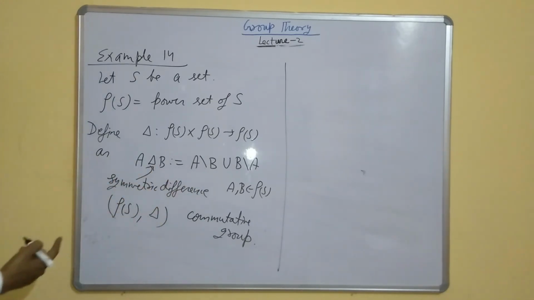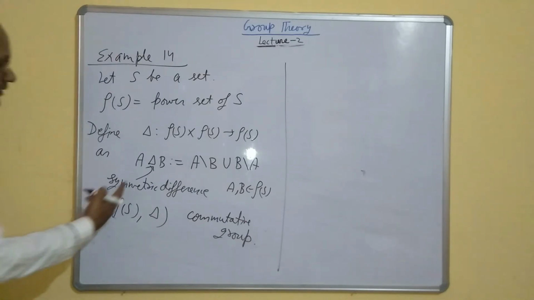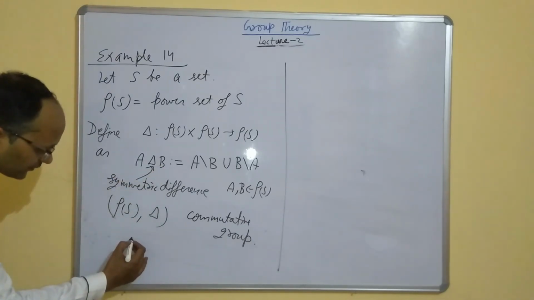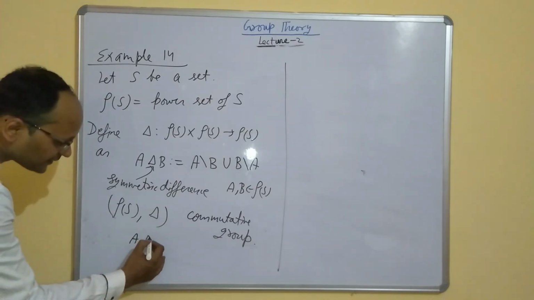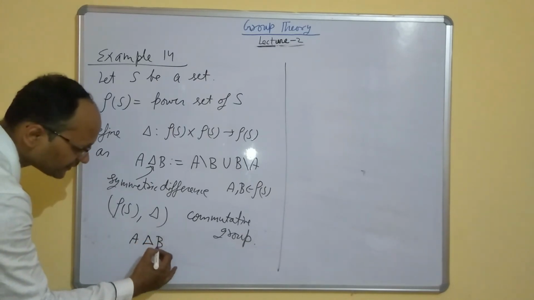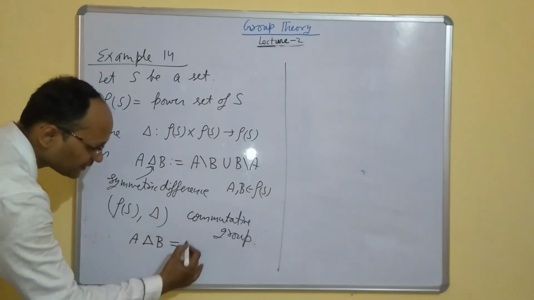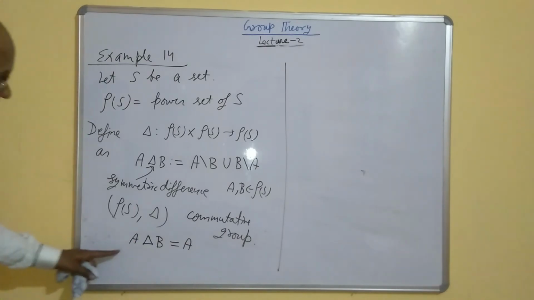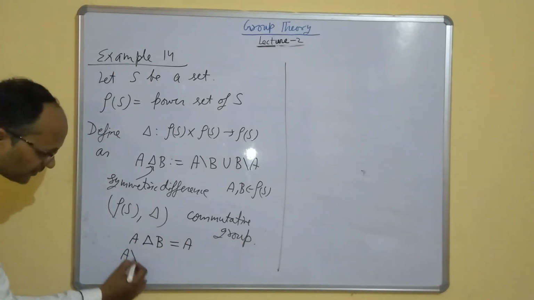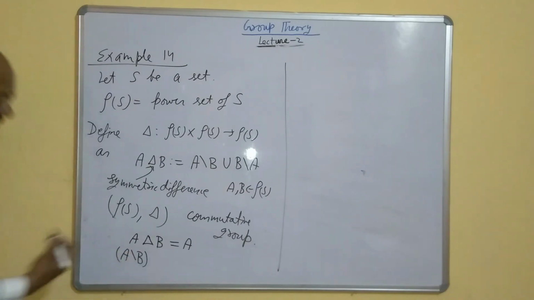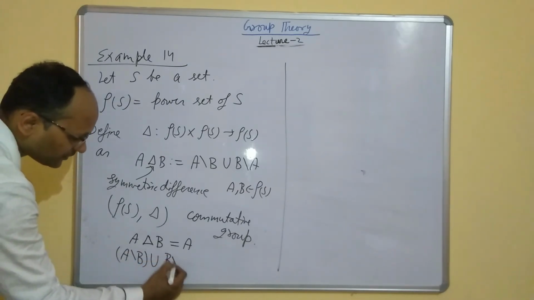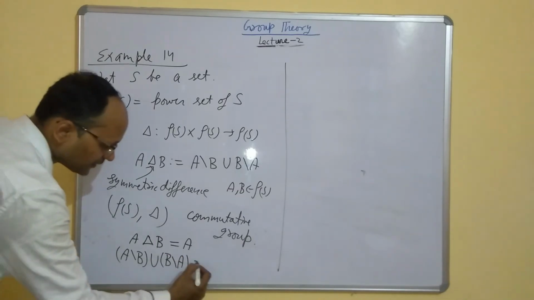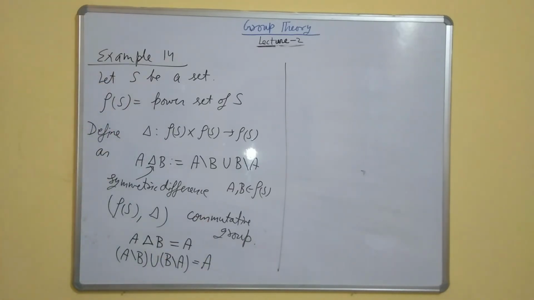And what will be the identity element for this set? Suppose A I am taking, then I want to find a subset B such that A symmetric difference B is A itself. So it means (A minus B) union (B minus A) is equal to A itself.